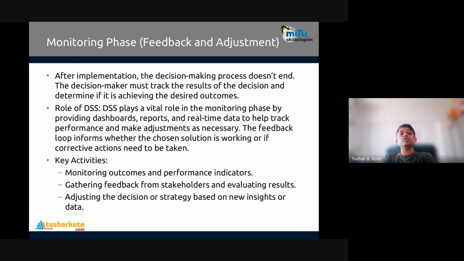The decision maker must track the result of the decision and determine if it is achieving the desired outcome or not, so you are going to monitor it continuously. The primary activities will be to monitor outcomes, gather feedback, and adjust the decision based on the feedback you are receiving. These are the key activities performed under it.